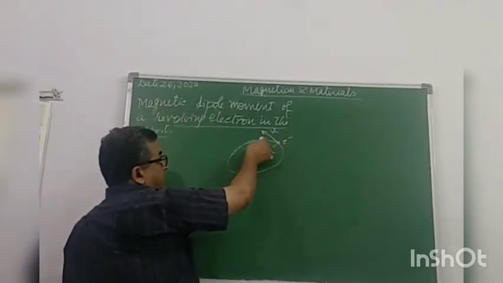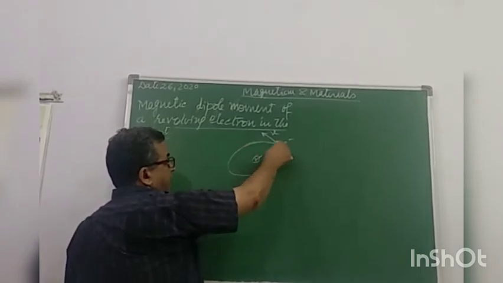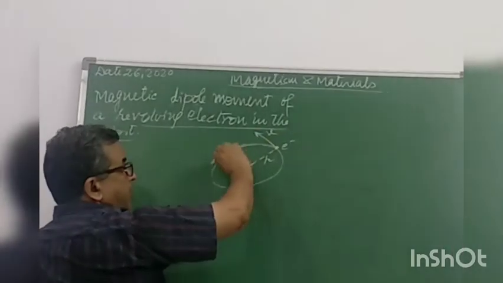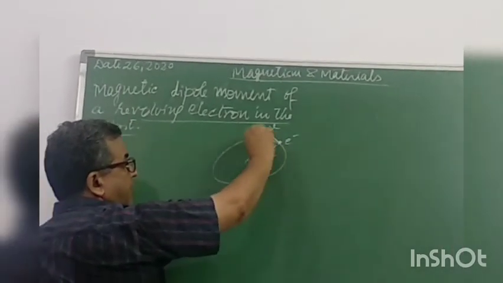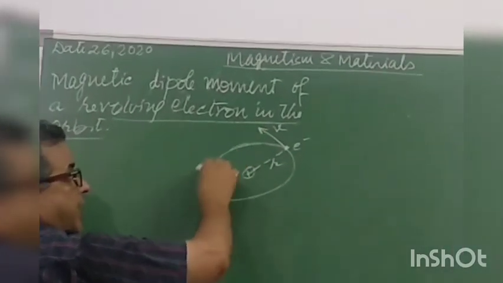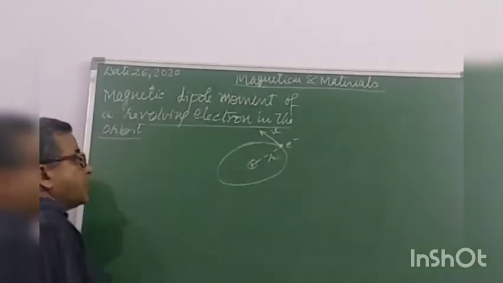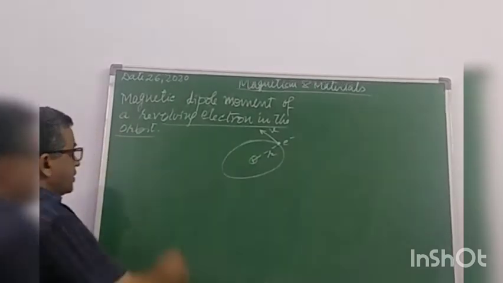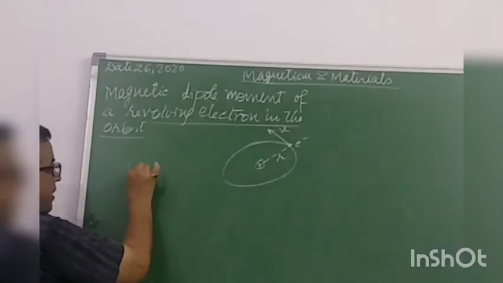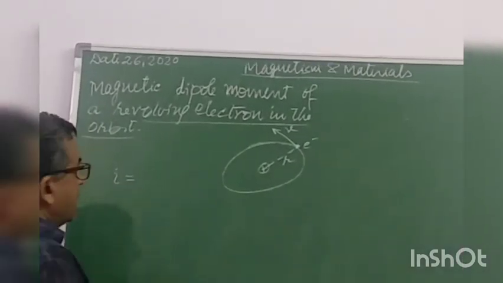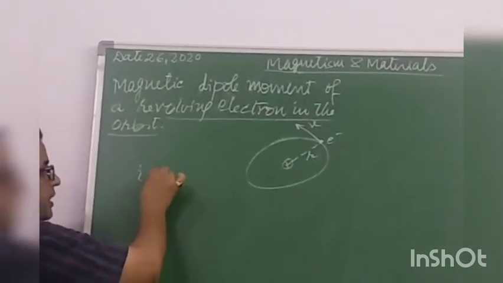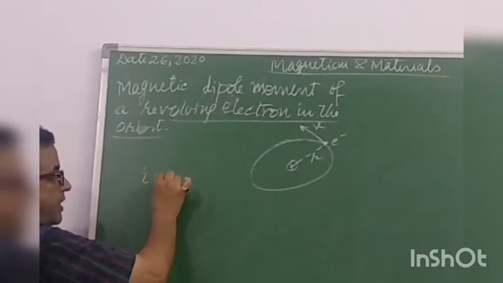So this electron moves in the loop, so it produces an electric current. Due to this revolution, the current will be in the opposite direction. So the current produced by a revolving electron, that is I equals to, as from the definition of electric current, the rate of flow of electric charge.